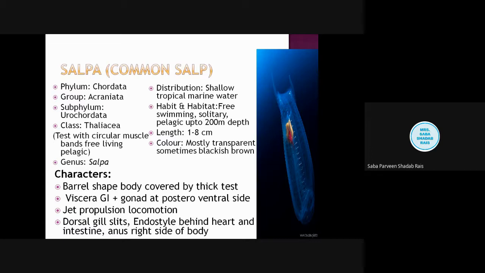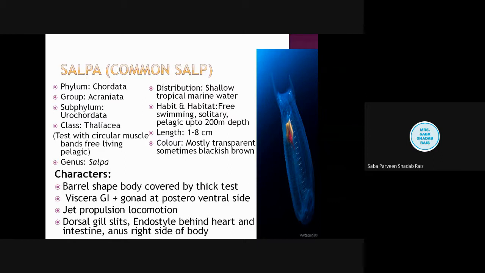In the case of Ascidiacea we have seen the body is covered by a thick test and the notochord is present in the larval tail. They have a scattered muscle tail. Last we talked about Thaliacea. Thaliacea have the test with circular muscle bands, and they are free living and pelagic animals. So this is all about your urochordate.